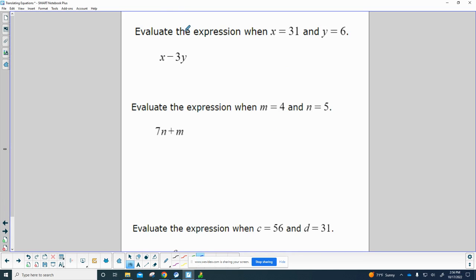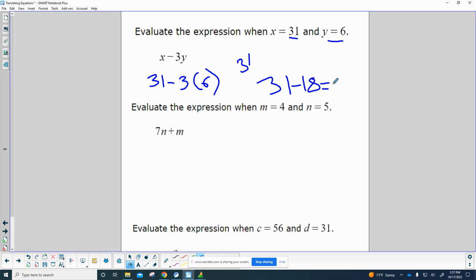How about evaluate? We're going to evaluate this expression, so we'll go ahead and stick in the numbers that we give you, 31 and 6. So 31 goes in for x, and 6 goes in for y. So we got 31 minus 3 times 6, so that's just going to be 31 minus 18.